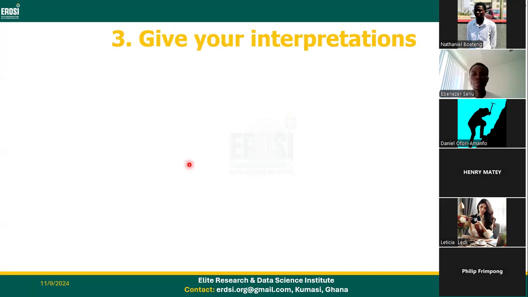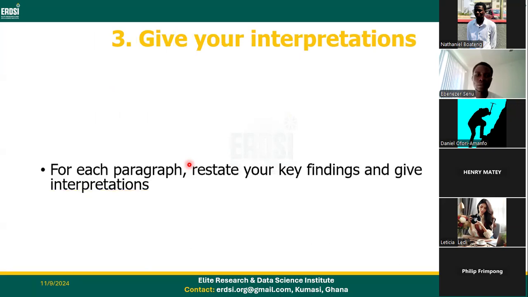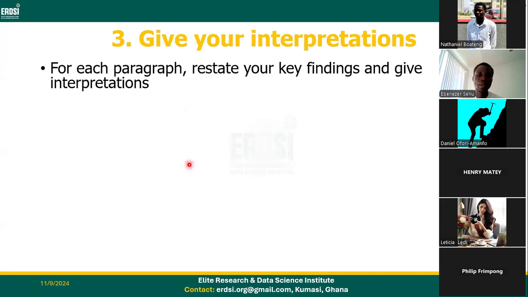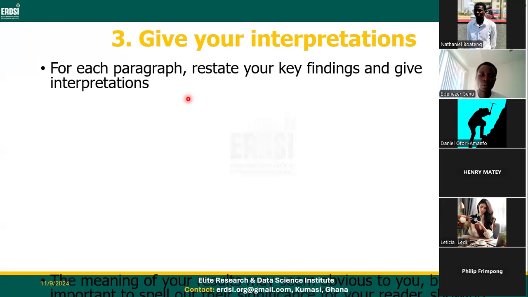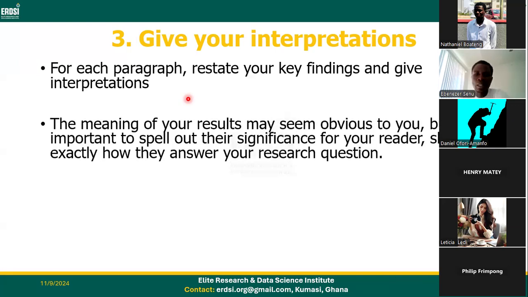Then you now come to interpretation. For each paragraph, restate your key findings and give interpretations. The meaning of your result may seem obvious to you. You may think you know the result, but you have to consider your readers.